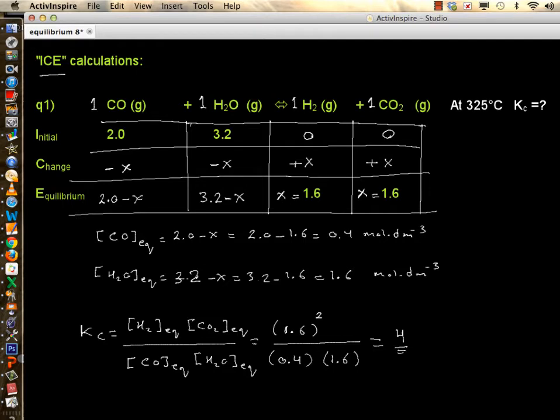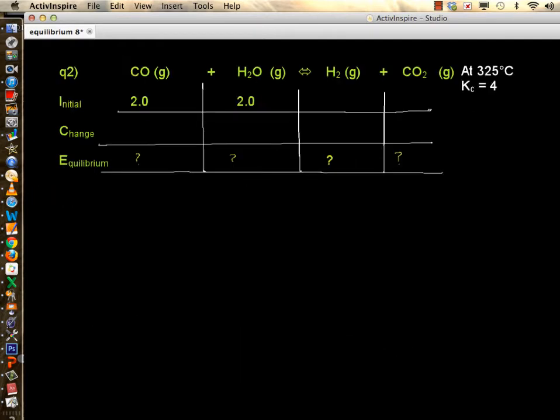Now usually a follow-up question is, the same equation is given to you, you know Kc now, and then they start with different initial conditions. So you have 2 mole per decimeter cube and 2. Remember, on the last slide it was 3.2. And the question is, what is the concentration of each species at equilibrium?